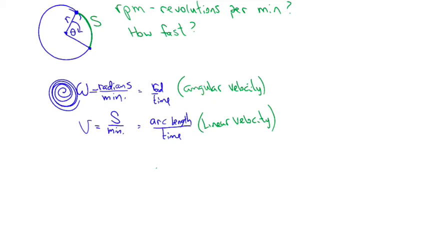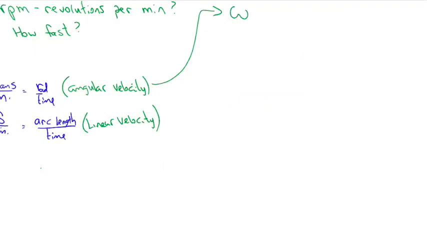Let me write this a little bit better. Formula. So this would be omega equals theta over t. Omega equals theta over t. Okay. So if I have 20 RPM, what does it mean to be a revolution? It's one full cycle, right? So if I need to change that into radians, it's doing 20 cycles per minute.